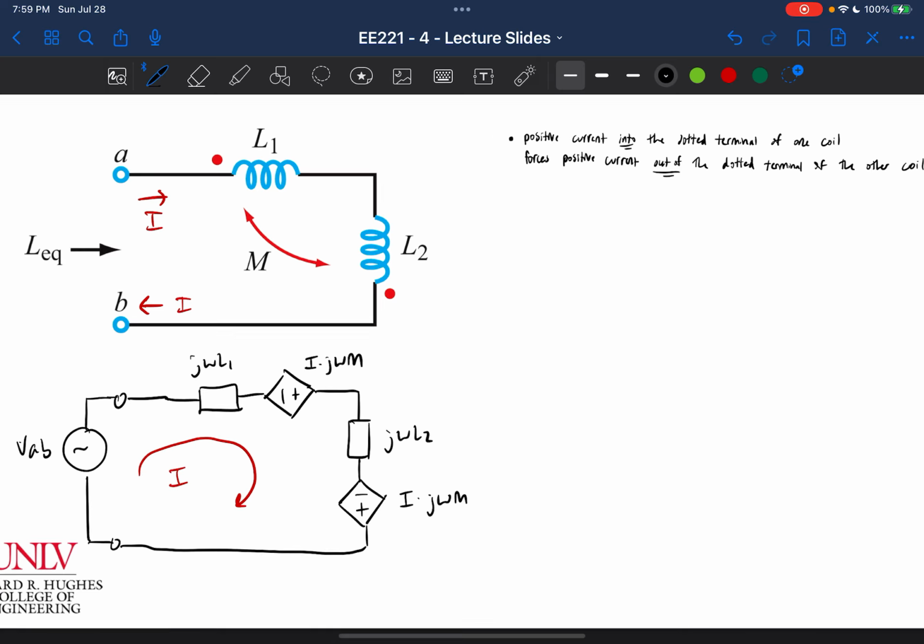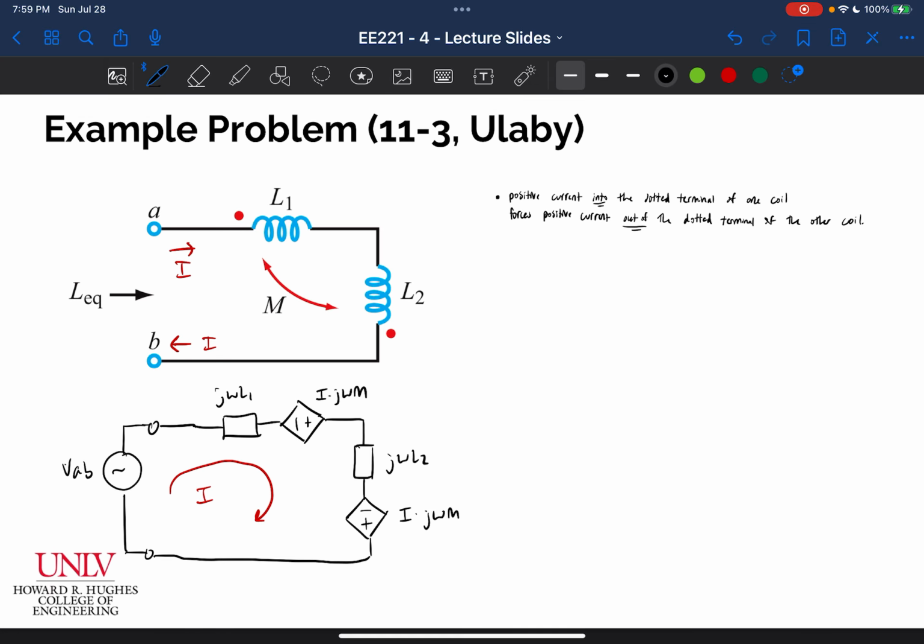And so now I have this equivalent circuit here, and I hope that you would agree that I can write a KVL expression for this, starting here and going this way. I'll draw my pluses and minuses here, plus, minus, and I can write VAB minus I times J omega L1 plus I times J omega M, right, that voltage source, then minus I times J omega L2, then another plus I times J omega M, and that whole thing equals 0.